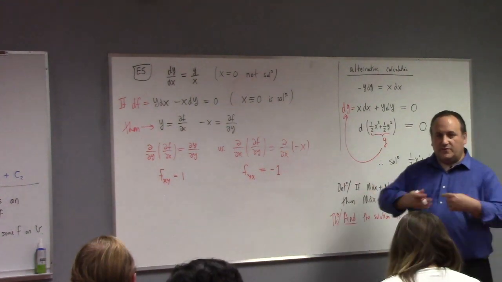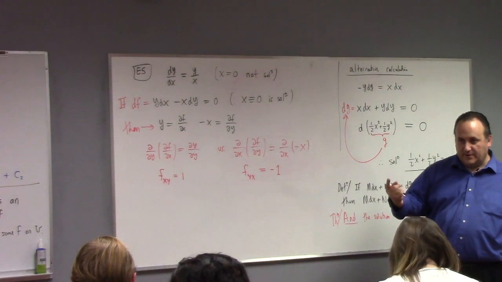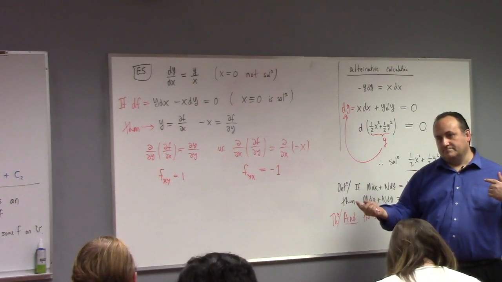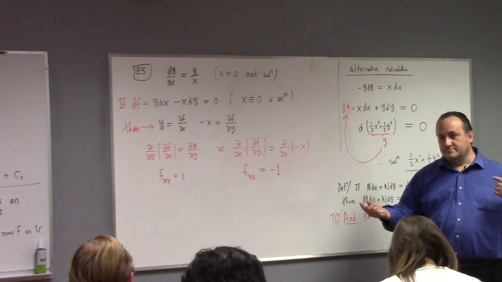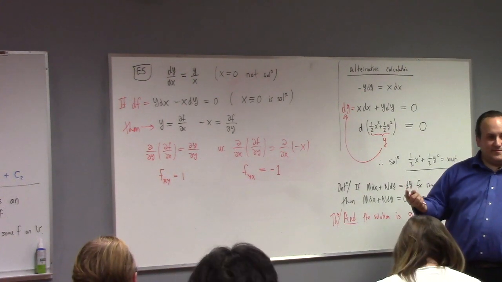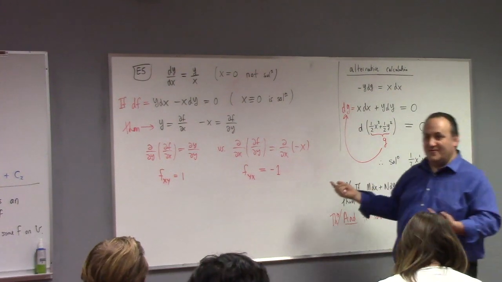Because what do we know about mixed partial derivatives? You remember? What is the relation between the xy derivative and the yx derivative? They're equal. That's a problem. Because if the xy and the yx derivatives are equal, what do we get?